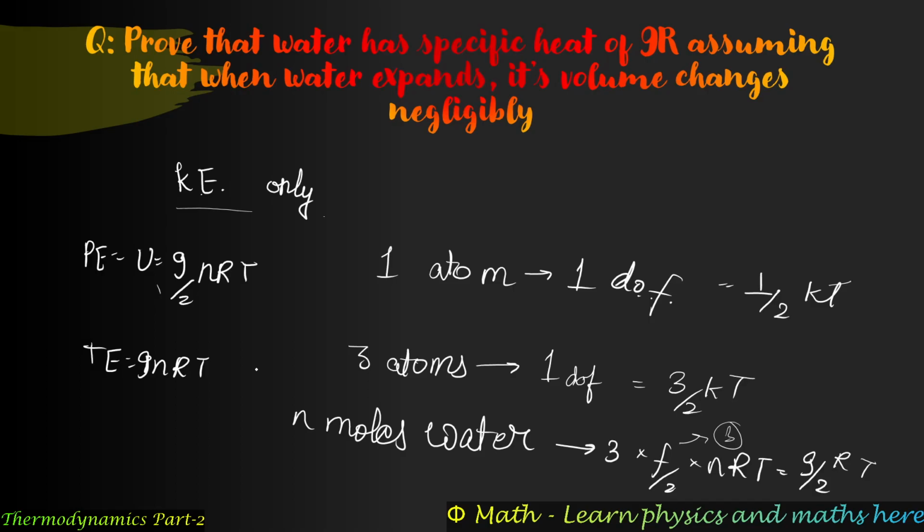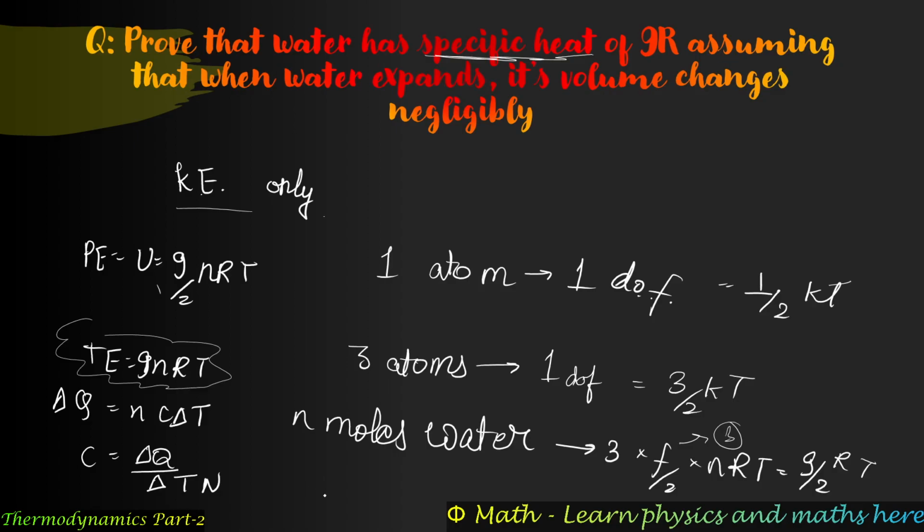We know that delta Q is equal to nC delta T. From here we can say C is equal to delta Q divided by n delta T. We are doing this because we need to prove something about specific heat and not about total energy or kinetic or potential energy.